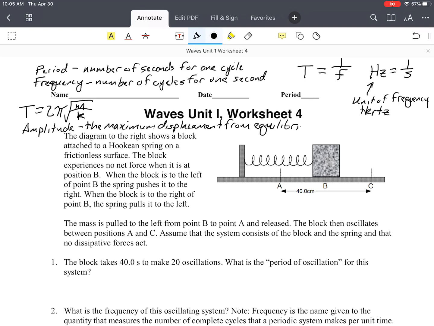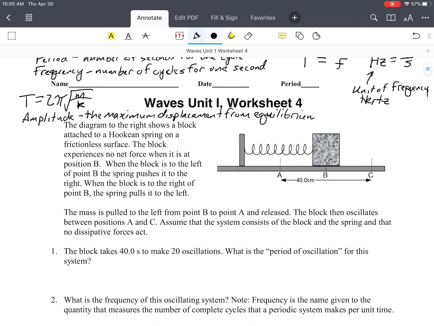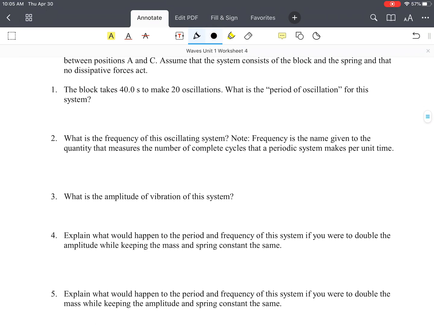So the maximum displacement from equilibrium. So say something is stretched 30 meters from that middle position, that equilibrium position. That means the amplitude is 30 meters. That's the maximum point it would get to, the maximum displacement it has. And so amplitude will be part of it.